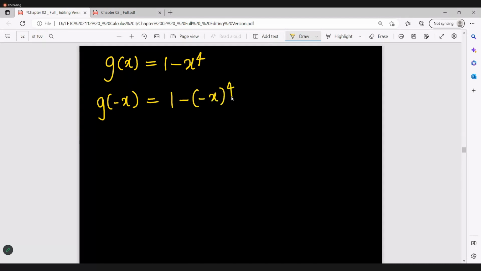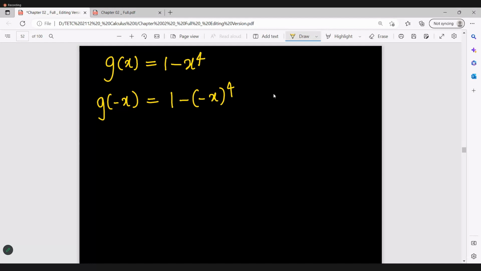If we consider minus x to the power 4, we can write this as minus 1 times x, minus 1 to the power 4. It's plus 1, plus 1 times x to the power 4.